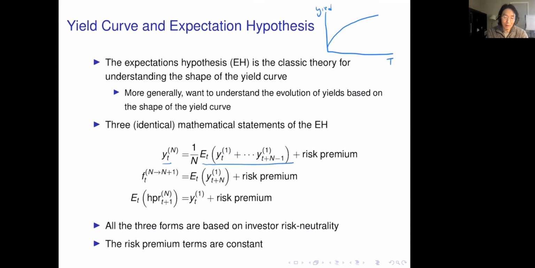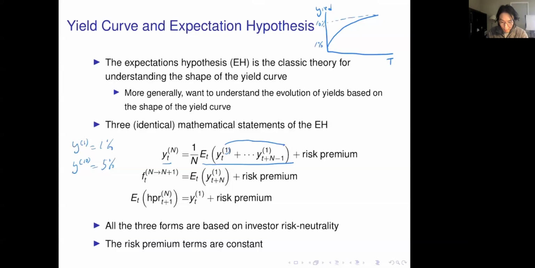What it's saying is the following. Let's assume that the 1-year yield is 1%, but say the 10-year yield is 5%. So that yield curve is upward sloping in this case. What that tells us about the future interest rate, according to the expectations hypothesis, is the future expectation of the future 1-year rates.